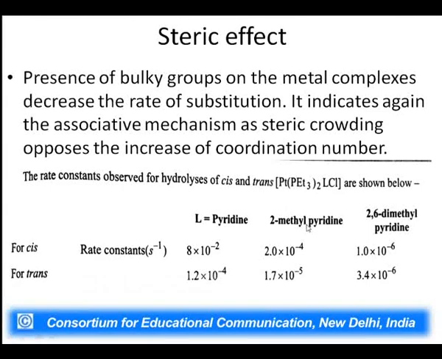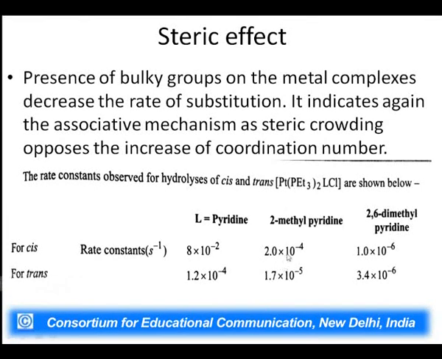We are introducing more bulk; instead of pyridine, methylpyridine is more bulky, and in 2,6-dimethylpyridine one more methyl group is introduced, so it is bulkier than this one. So, we can find from here that in case of cis complexes, the rate of reaction decreases with the steric crowding. As steric crowding increases, it was 8 into 10 to the power minus 2.